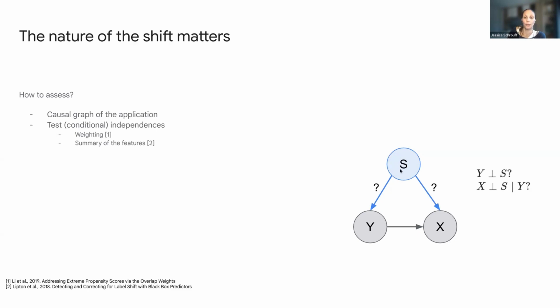So for the first one, you want to see whether Y is independent of S. Actually quite easy. You take Y in your target environment and in your source environment, and you perform a statistical test. If Y is a binary classification, then it's quite easy. You can even do just a t-test.